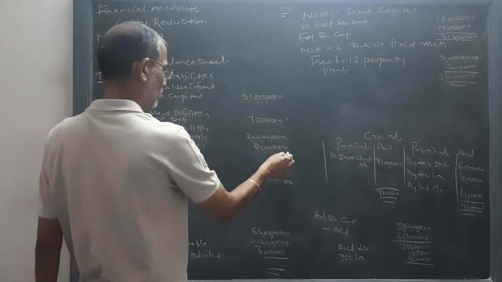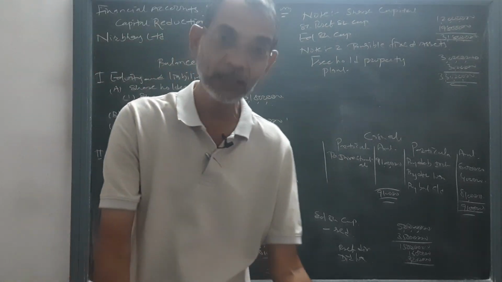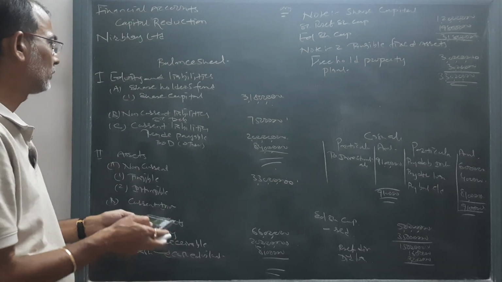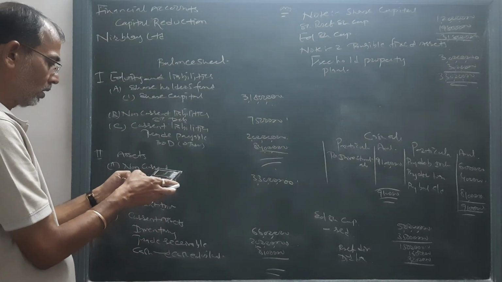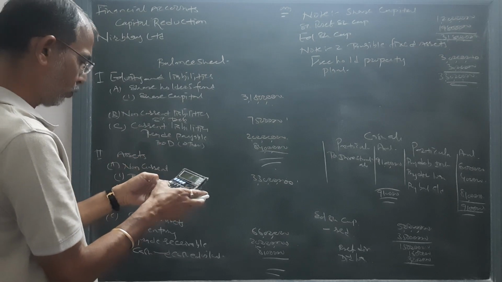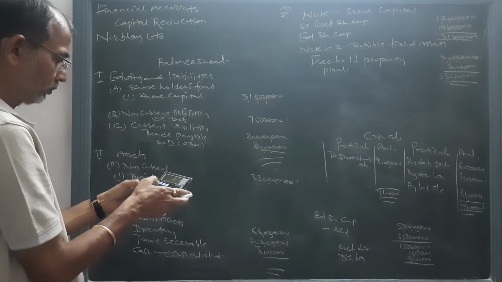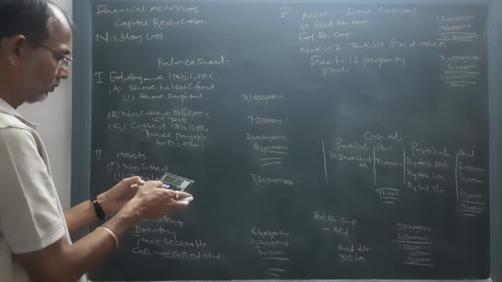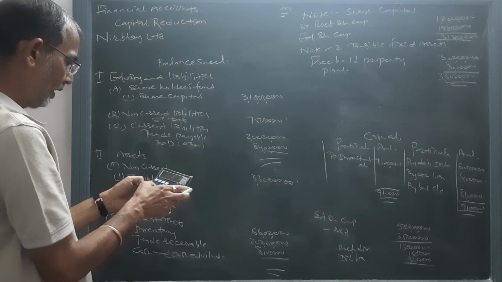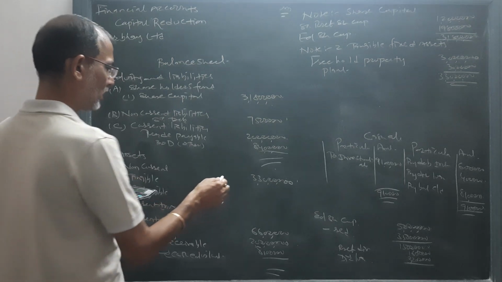Now we have to tally liability and assets. 3 crore 18 lakh plus 275 lakh, 2 crore 84 lakh, that is 6 crore 70 lakh.